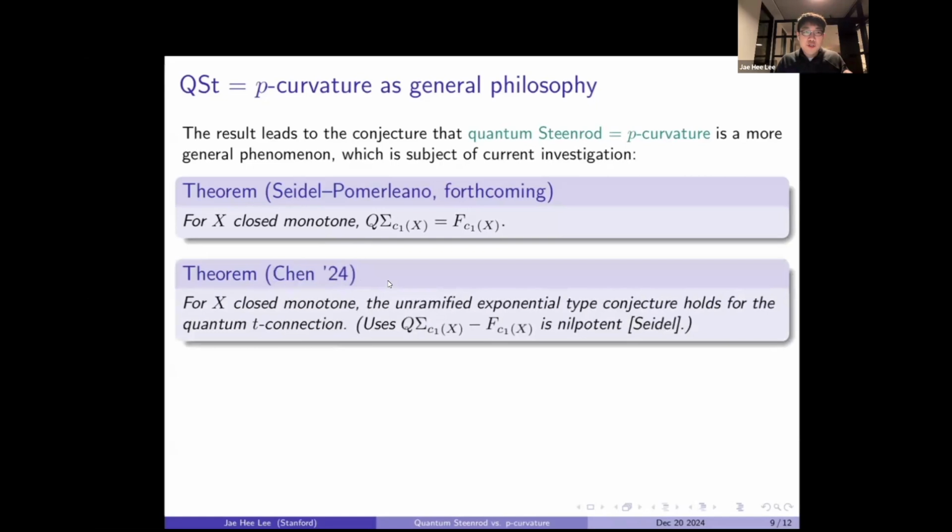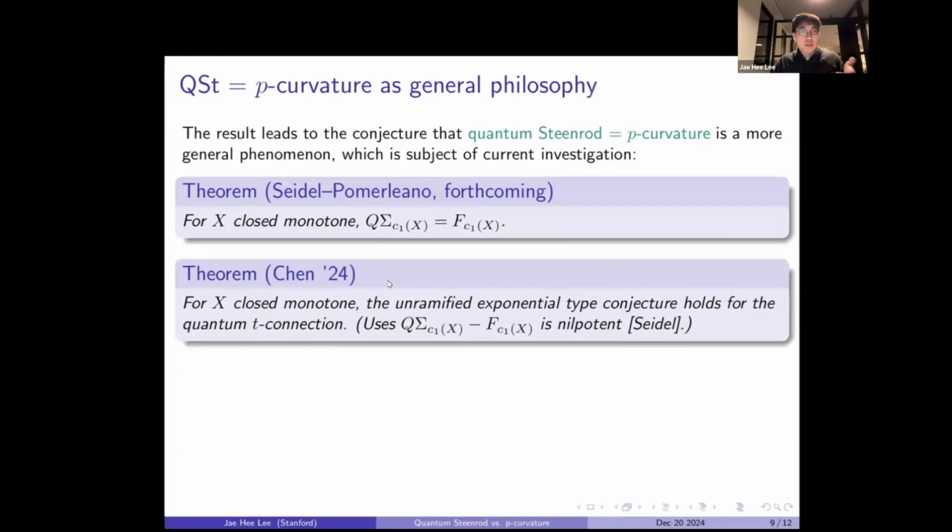And a slightly weaker version of this statement has already found some spectacular applications. Namely, there's this work of Zihong Chen, his recent proof of the unramified exponential type conjecture concerning the formal singularity type of the quantum connection.